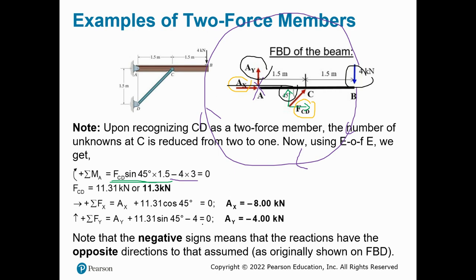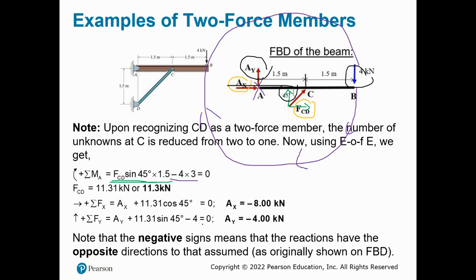Notice that FCD comes out positive. AX and AY both come out to be negative. Negative means that the actual direction of AX and the actual direction of AY are the opposite of what we originally assumed in the free body diagram. So in the free body diagram, your AX goes to the right.